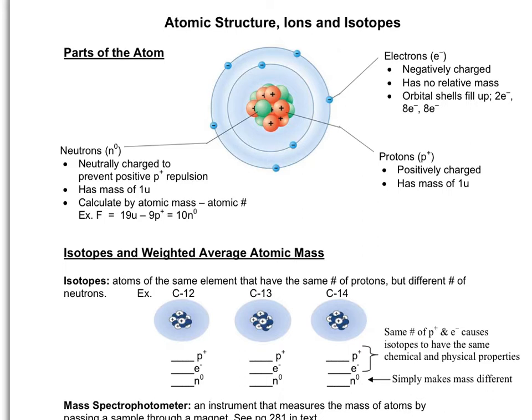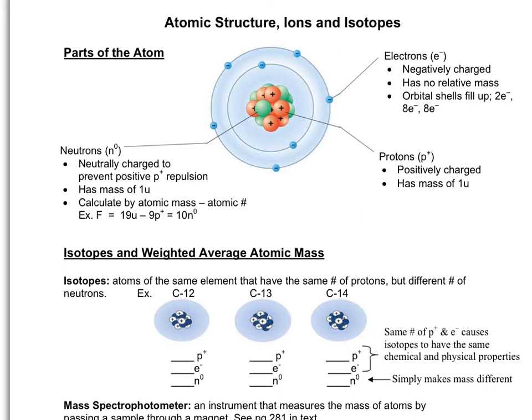The number of electrons that an atom has is dictated by the element's atomic number, same as the protons. Now this number can change when an element does chemical reactions, but if it's an atom, it has the same number of electrons as the atomic number. In terms of placing electrons, you can put 2 electrons in the first shell and 8 in any other shell.